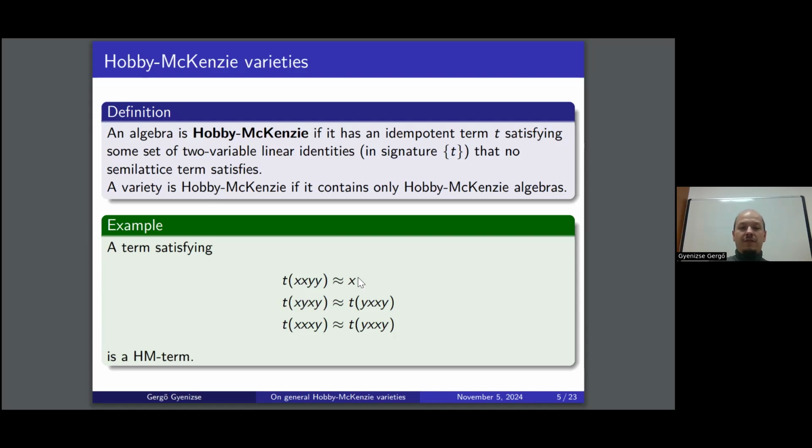Then it will satisfy the first, and it also will satisfy the second, but it will not satisfy the third. So if we take the whole set, then it will result in an HM term. If we only take two identities of the three, then it will not result in an HM term.